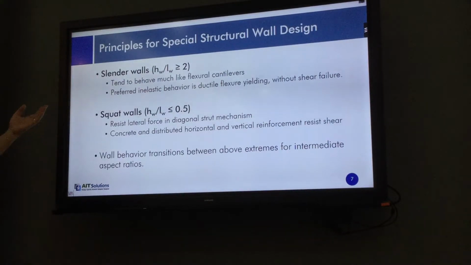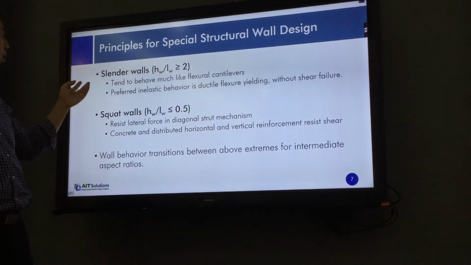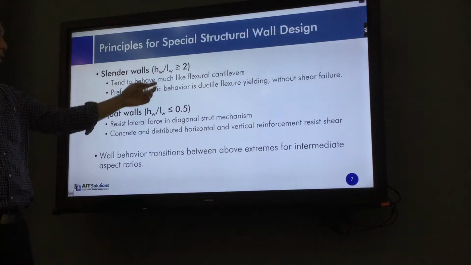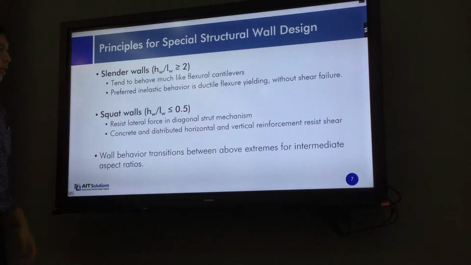We normally consider walls slender if H over L is greater than or equal to 2, height of the wall divided by length of the wall. In those walls, the response is mostly like flexural cantilevers.